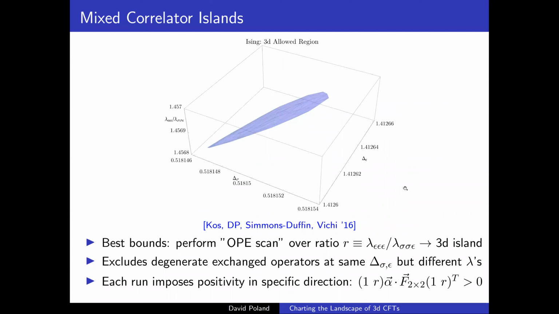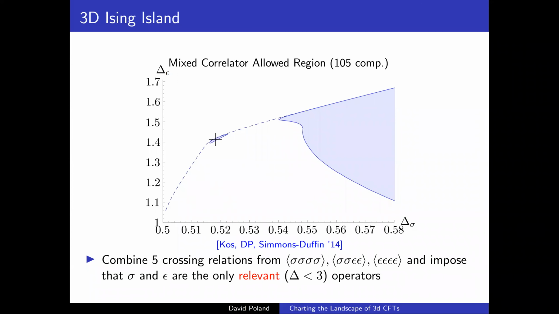Okay, so now you can try to push. I'm sorry, can I ask a question? Yeah, please do. So when we do this numerical bootstrap and we get these graphs, is this delta epsilon, the y-axis here, always the first exchanged operator in these OPEs, the sigma sigma OPE, sigma epsilon OPE, and so on? Yes. Okay, so you can't find a similar graph for the next operator after epsilon in the OPEs?